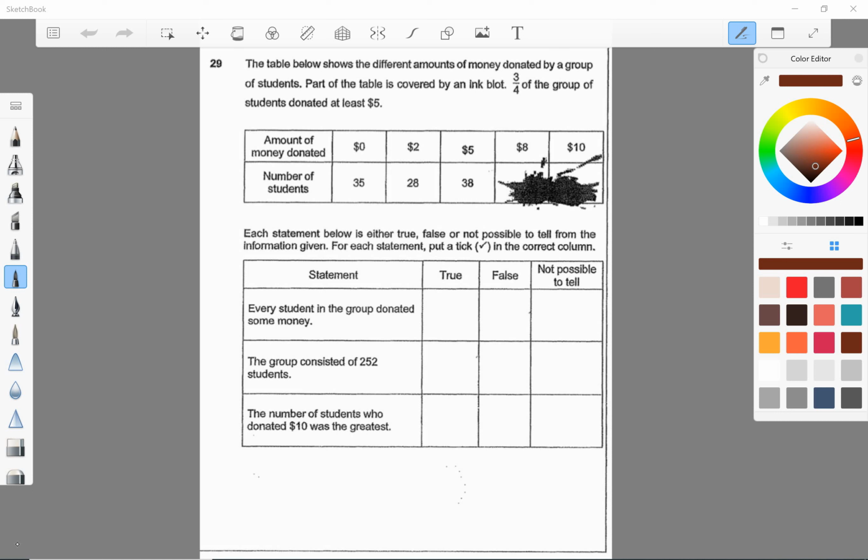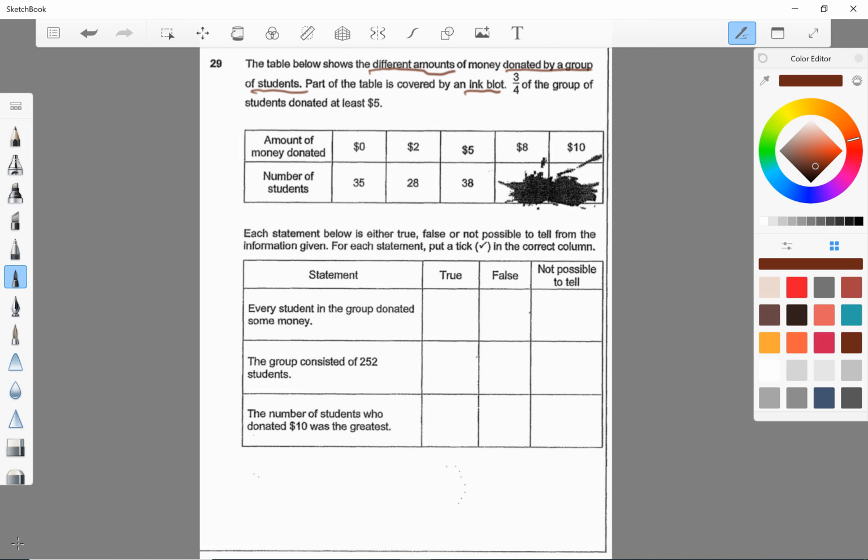So it is mentioned that the table below shows the different amounts of money donated by a group of students. And it is said that part of the table is covered by an ink blot. So this is the part where they deliberately, purposely hide information away from us, and we are supposed to make meaning out of it.